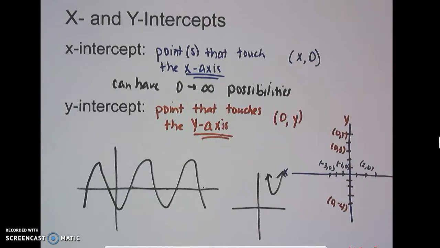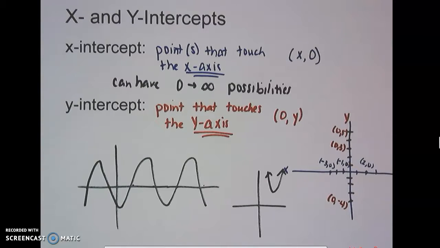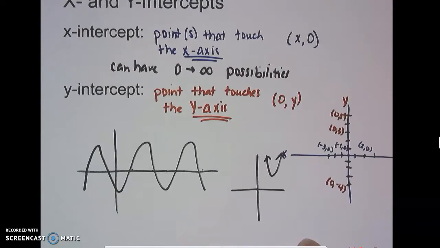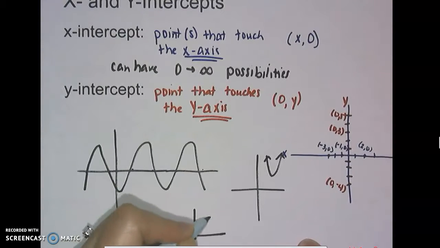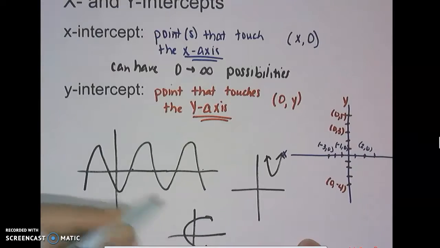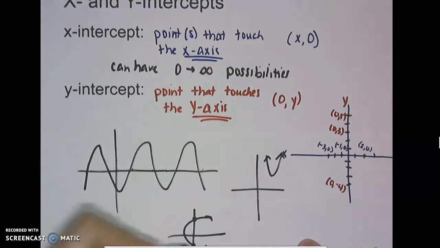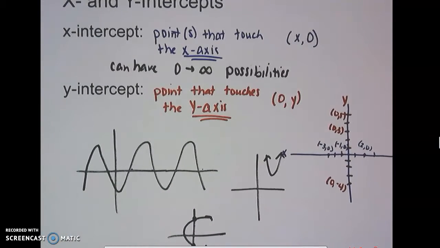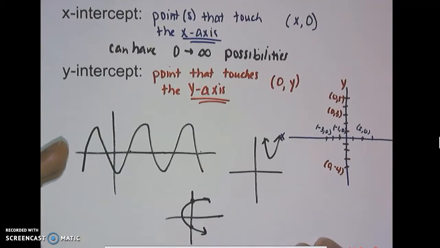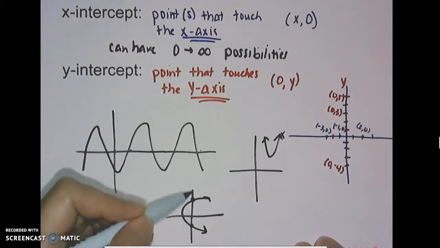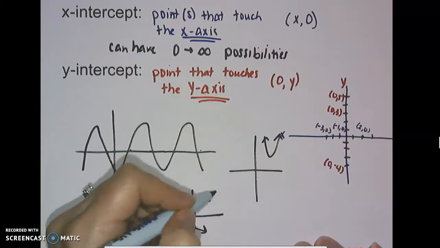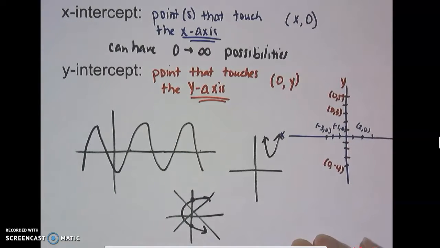For y-intercepts, in order for it to be a function, again, it's got to pass the vertical line test. So if we have something like this, it touches the y-axis twice, that's not going to be a function. That doesn't pass the vertical line test. So this can't even happen because it's not a function.